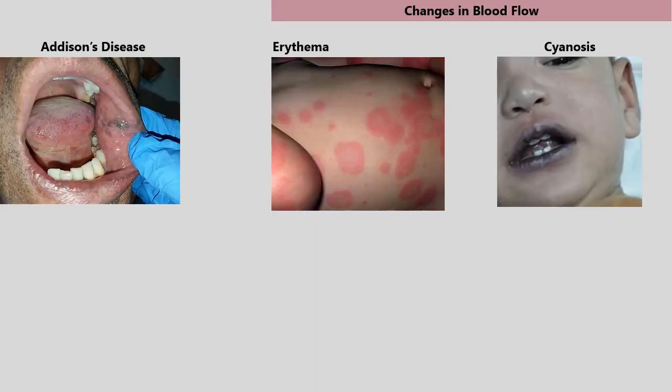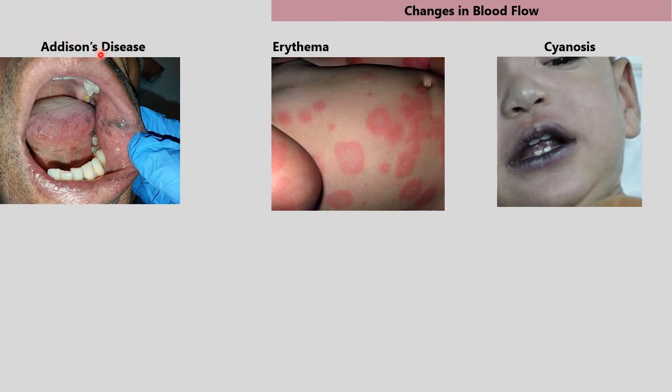There are also certain diseases that cause increased secretion of a certain hormone called your ACTH, or adrenocorticotropic hormone. And meron ding mga diseases or conditions that increase your melanocyte-stimulating hormone, or your MSH. Example of this disease is your Addison's disease, no?